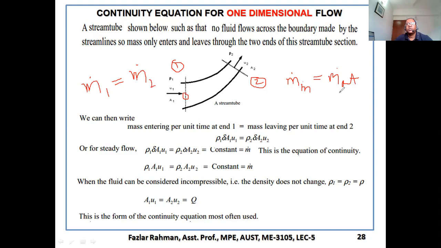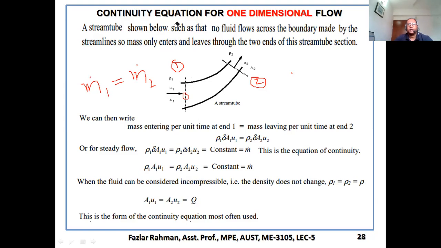You see, we know the velocity of the fluid element at section 1, U1, and area, let's say A1. Or if you think of a small section, area del A1 and velocity U1.